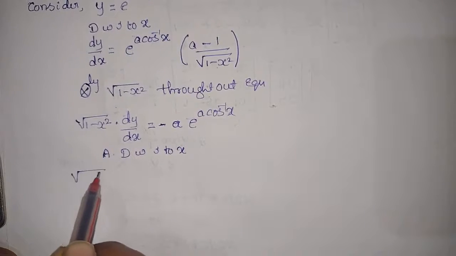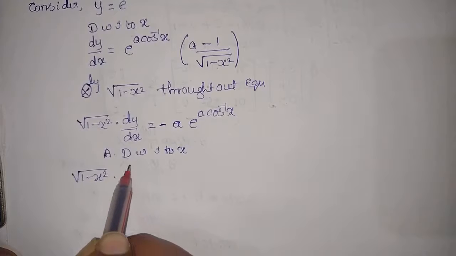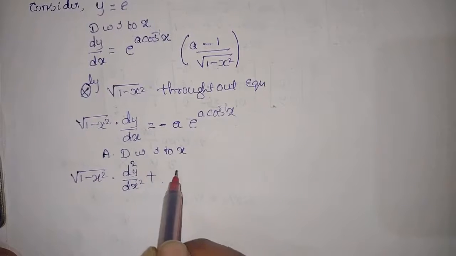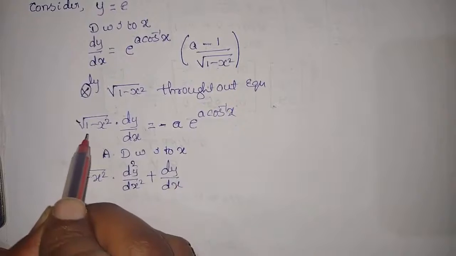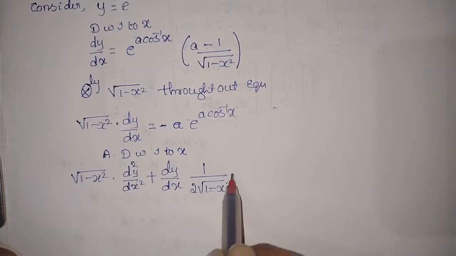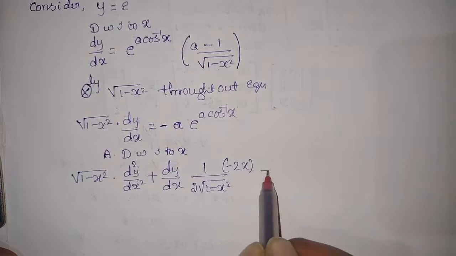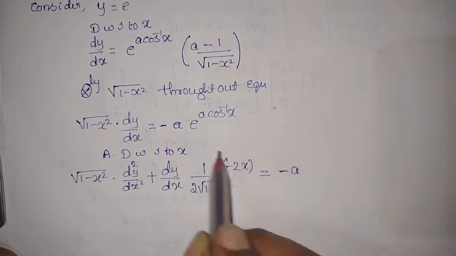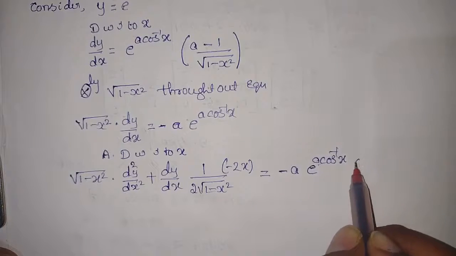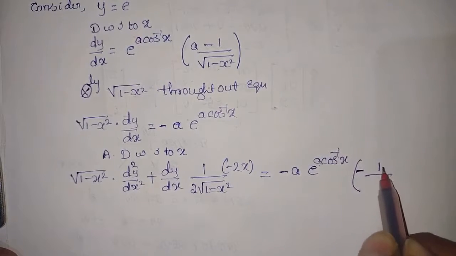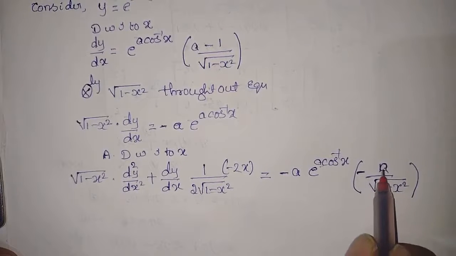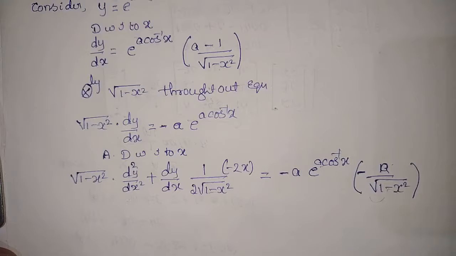So write as it is the first function root of 1 minus x square into d square y by dx square, plus write as it is dy by dx into differentiation of root of 1 minus x square, which means 1 divided by 2 root of 1 minus x square into minus 2x, is equal to minus a, constant, write as it is, e power a cos inverse of x, again differentiation of a cos inverse of x means minus a divided by root of 1 minus x square.